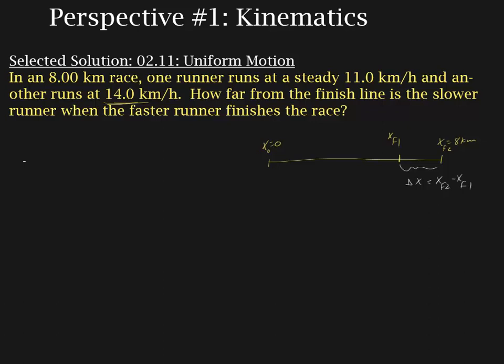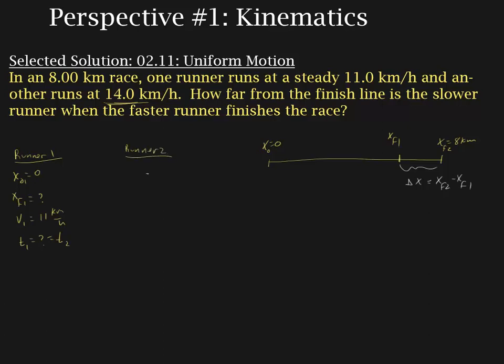Okay, so let's identify our information for each of the runners. Runner 1 is the slow runner, and x initial for the slow runner is 0. X final for the slow runner is an unknown quantity. The velocity of the slow runner is 11 kilometers per hour, and the time it takes is also an unknown quantity, but we know it's going to be equal to the time for runner 2.